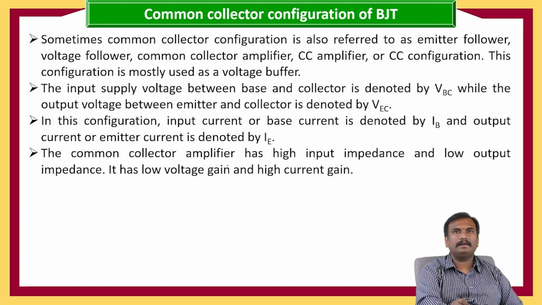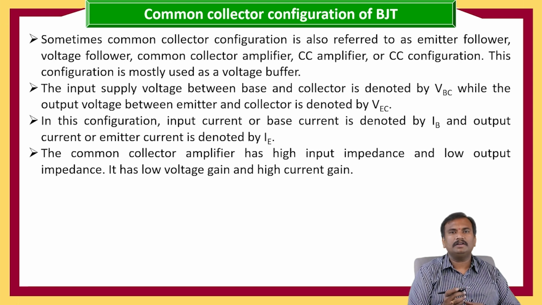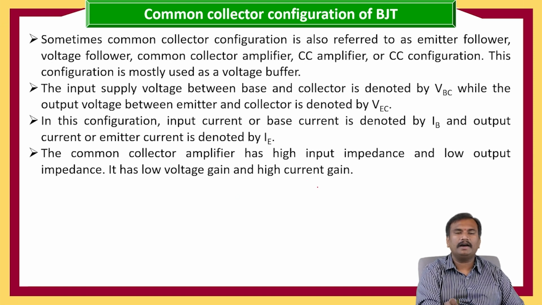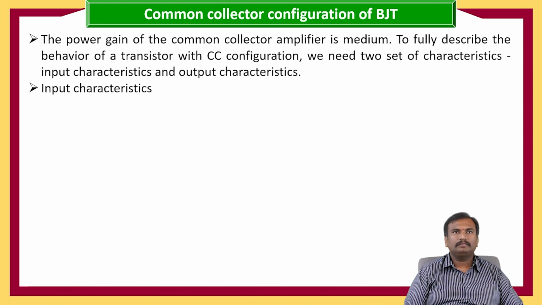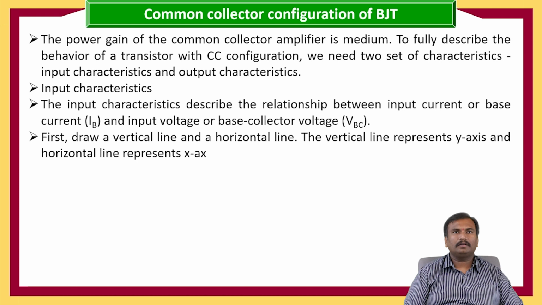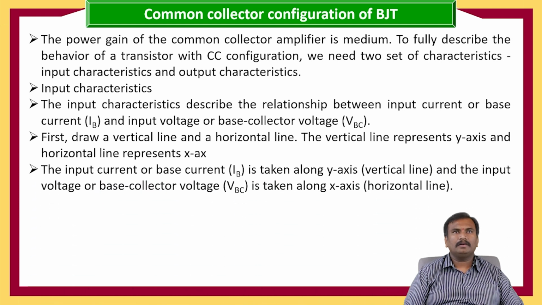The common collector amplifier has a very high input impedance and low output impedance. It has low voltage gain and high current gain. The power gain of the common collector amplifier is medium.